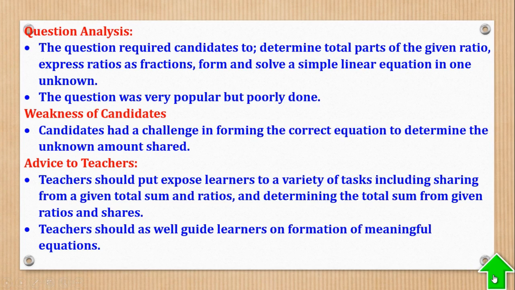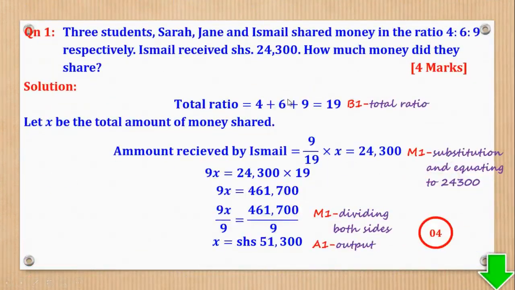So basically they want a total ratio, then expressing the ratio as a fraction, and also getting a simple linear equation which we're supposed to solve. Linear means it only has x, without a power. If it was x squared, it is no longer linear.